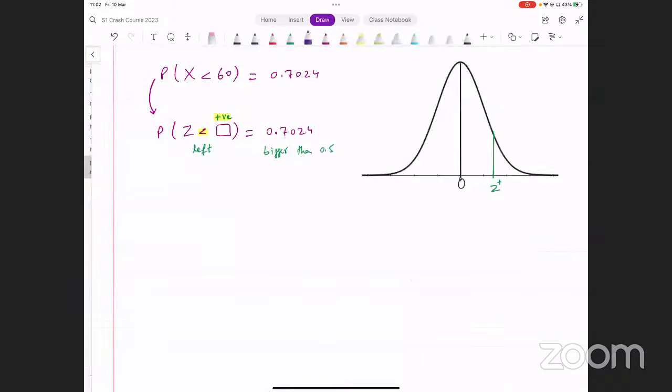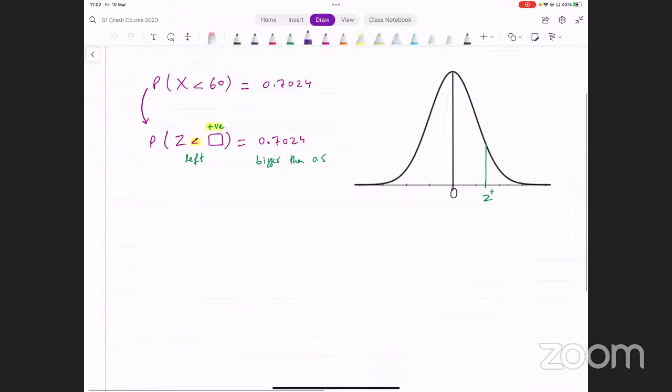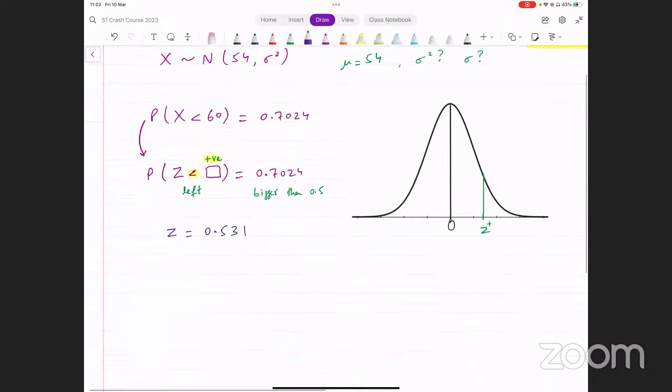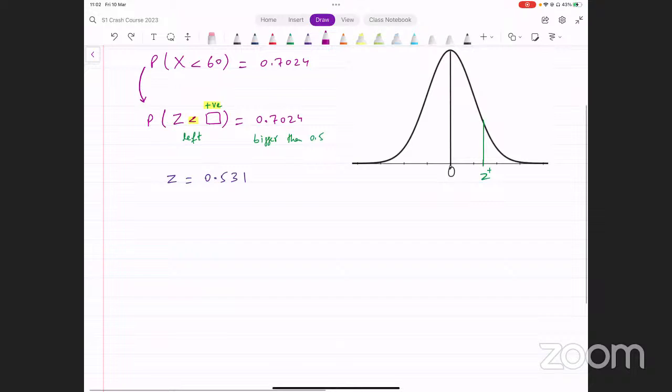Let's get back to this now. This means Z is 0.531. And remember, we know that this is a positive number. Z is a positive number, so you have to keep it positive like this. You have found the value of Z. Once you have found the value of Z, now you use the formula. This is what the formula looks like: Z equals X minus mu over sigma, right?